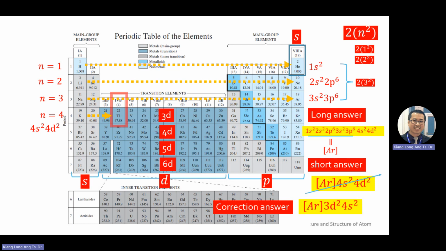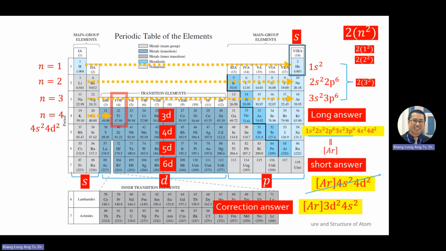So S, P, D, then remind yourself this middle one for the D. Count the top one as 3, second one is 4, this one 5, this one 6. So the correct answer for titanium is not 4s2, 4d2. This is wrong.